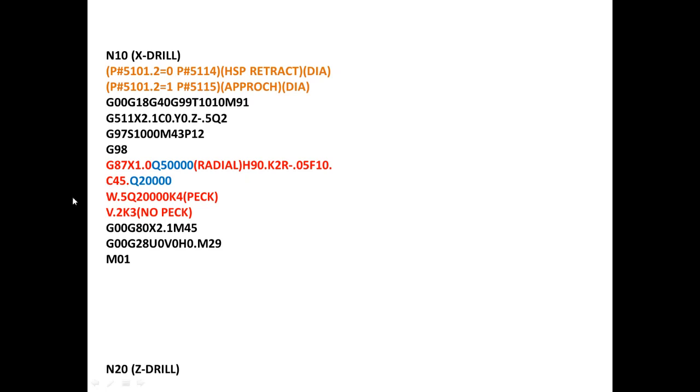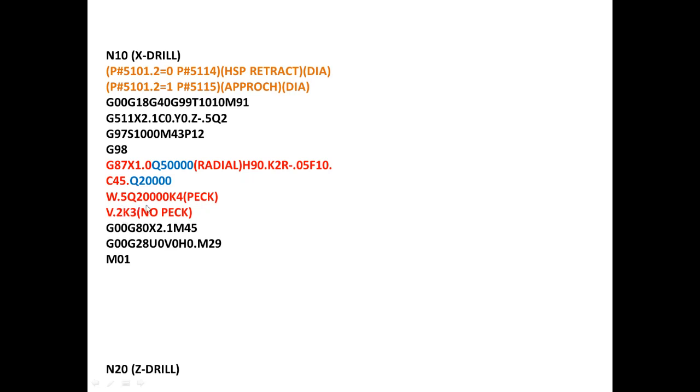And the next line, another example. W means the Z-axis incremental value, 500,000. So it will move the Z-axis from the current position by 500,000 plus, and still the same amount of pecking, and it will do 4 times because there's a K4. And then I'm going to move down to the next line. V is the Y-axis incremental value. I didn't put the Q value here.